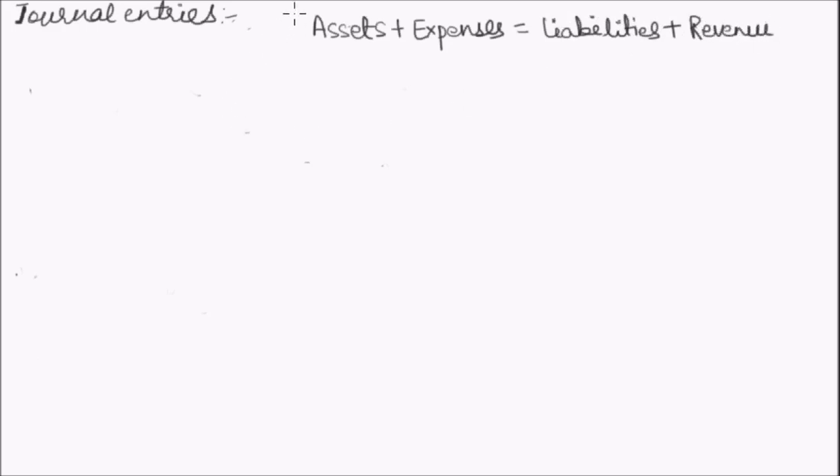Now any increase in left hand side is a debit and decrease would be credit. Increase in right hand side would be credit and decrease would be debit. Using this accounting equation, we'll make the journal entries.